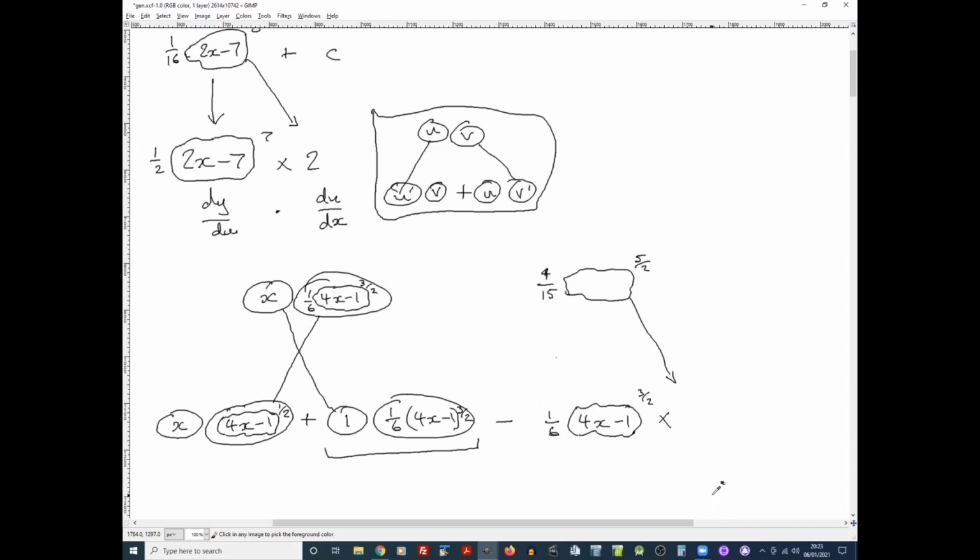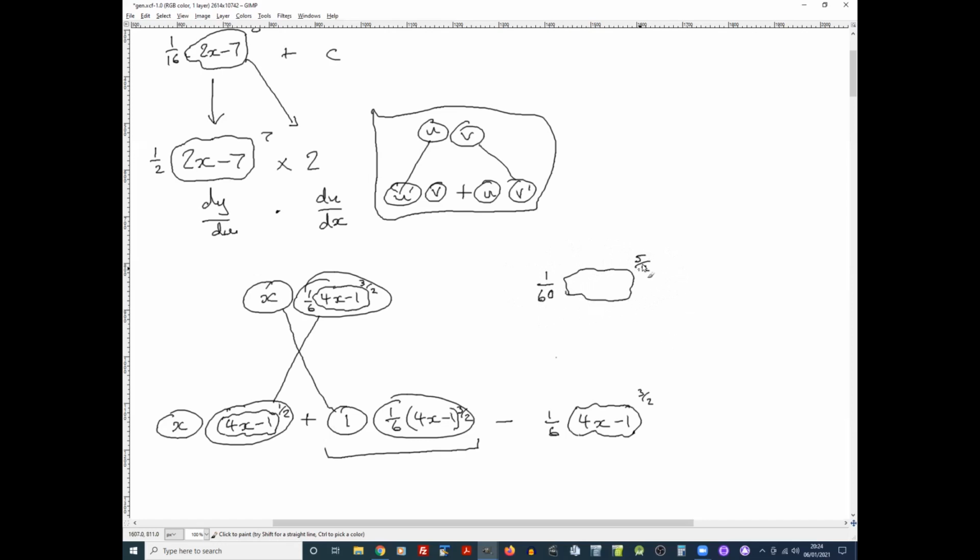So the top row, you'd have to divide by 4 the whole thing. So 15 times 4, which is 60. Well, a 60th.